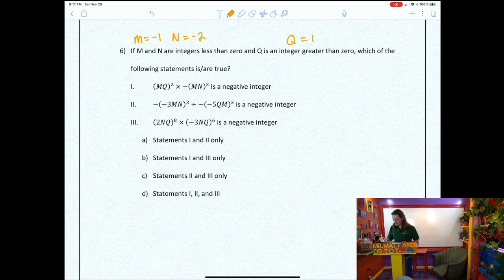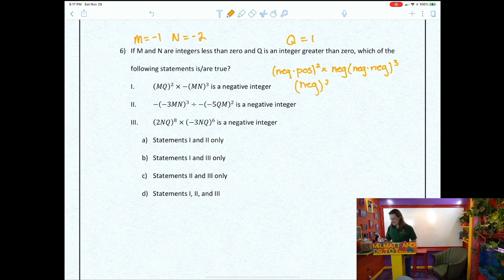Q is positive, so it's going to be a negative times a positive quantity squared times a negative times a negative times a negative quantity cubed. A negative times a positive is a negative, so this is going to be a negative squared times, I'm going to carry down that negative on the outside.